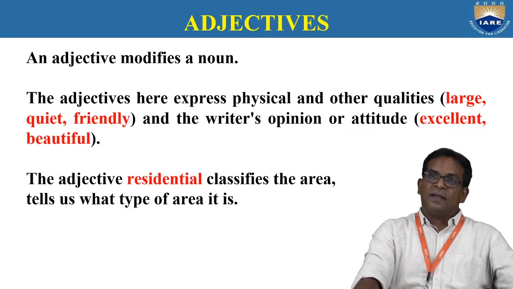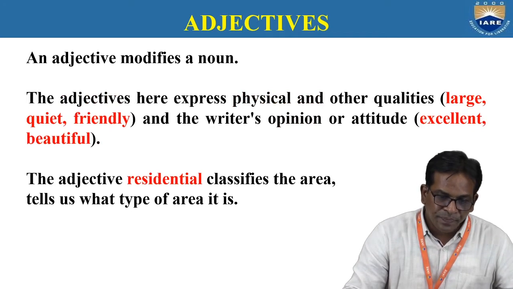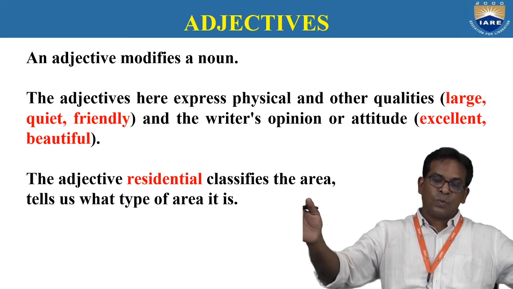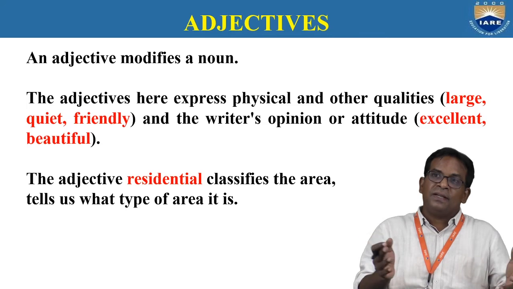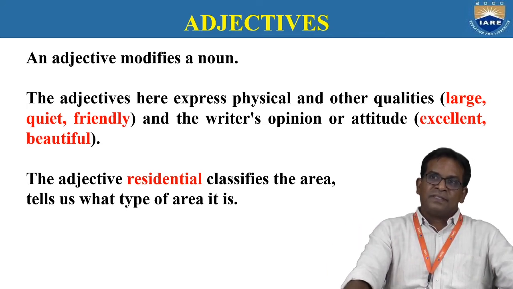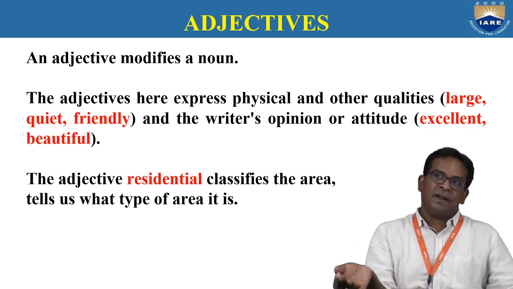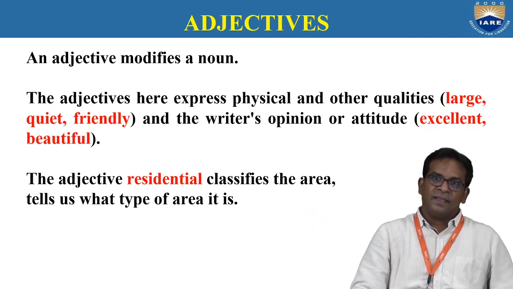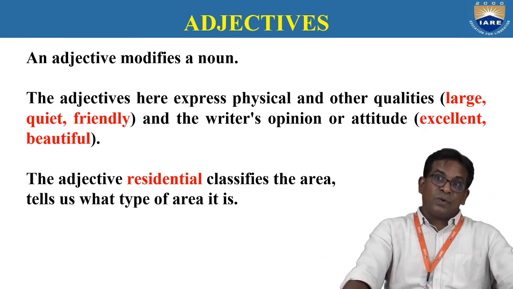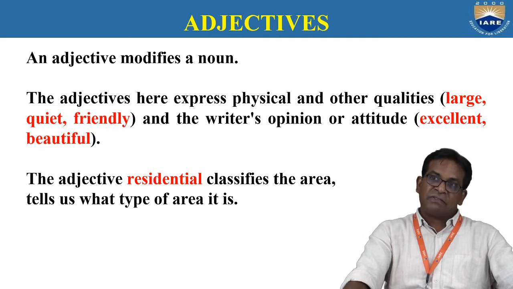See, what is the first one? The adjectives here express physical and other qualities. What are they? Large, quiet, friendly. They express physical and other qualities. Large is physical. Quiet and friendly. And the writer's opinion or attitude: excellent, beautiful.